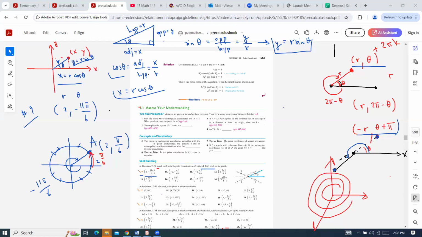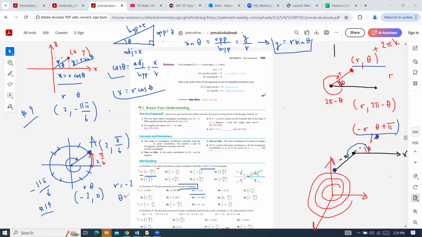So you can plot points like number 19 that may seem to be a bit confusing to some people, because again, those are in polar coordinates. That's important to realize. So we have negative 2 and 0, such as r and theta. So they don't have to give us a pair. That's confusing. I think they should have said r is negative 2, theta is 0.